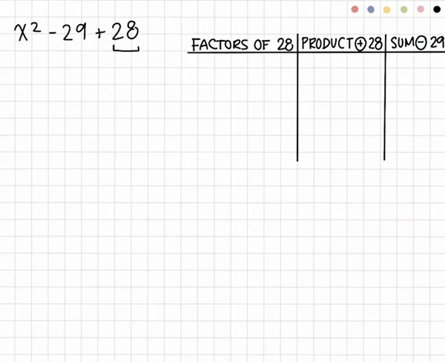Now it's important, again, to take note of the symbols here, because when I have a product that is positive and a sum that is negative, both of the numbers inside my brackets at the end are going to have to be negative when it's factored. Okay?